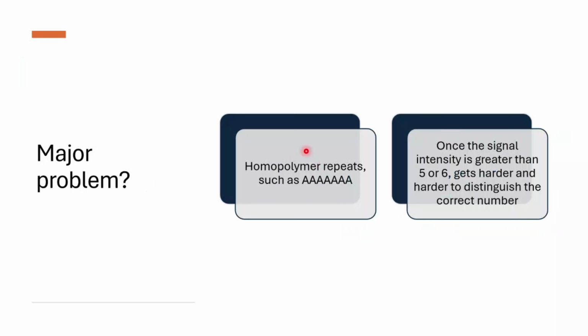The major problem is these homopolymers that look like this. After 5 or 6, you cannot distinguish anymore if it's 7, 20, or 30 in a row. Okay. Poly-T tails, right? So your poly-A tail, poly-T tail, those are big problems for this technique. Okay.